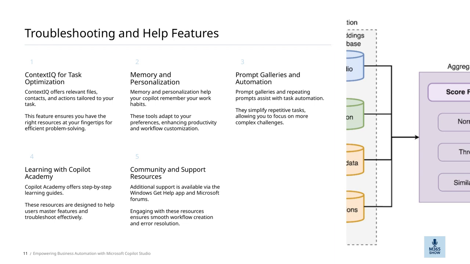Finally, it offers relevant files, contacts, and actions tailored specifically to your current task. This ensures you have all the right resources at your fingertips, making problem-solving faster and more effective. Together, these support features are designed to empower you, making your experience with Copilot Studio seamless and productive.